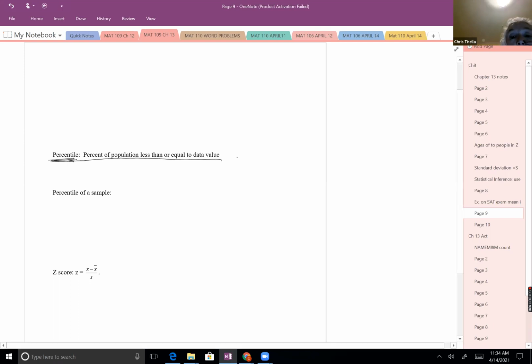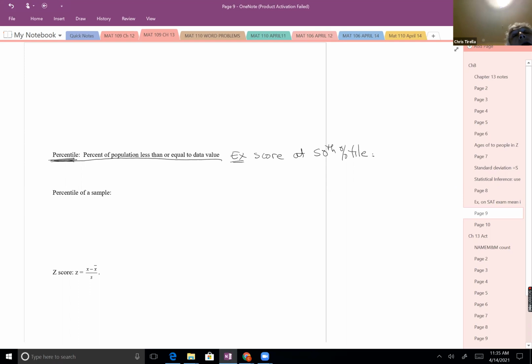So for example, if I score at the 50th percentile, it doesn't mean I got a 50 on my test. It doesn't mean I only got half of them right. It means I did better than half of the people who took the test. It means my score was right in the middle.